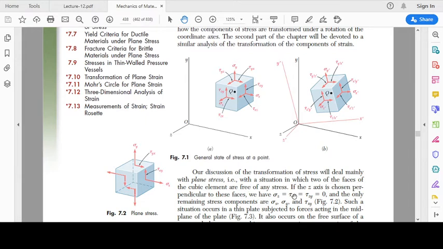So in that case, we will assume that plane to be the xy plane, so there is no stress in the z direction. So sigma z, and the shear stresses tau xz and tau yz, are all going to be equal to 0. So we will have sigma x, sigma y, and tau xy only.